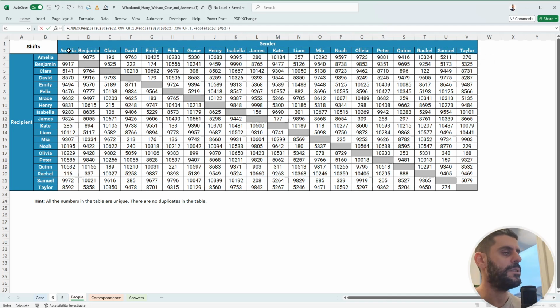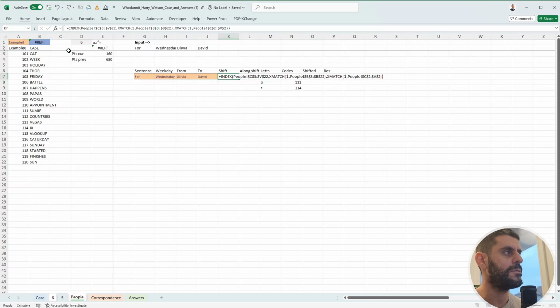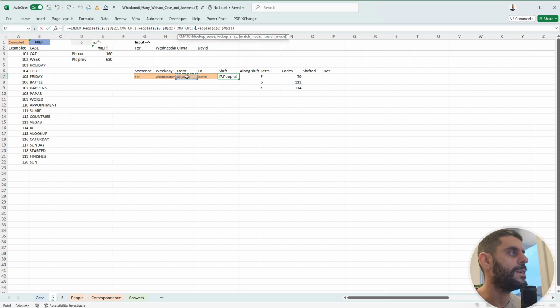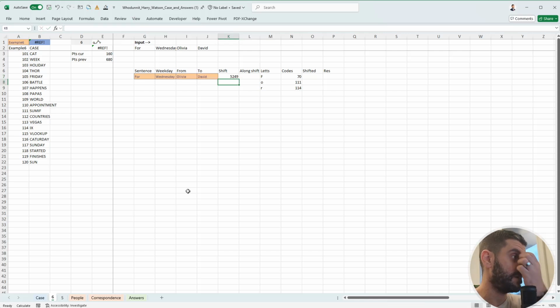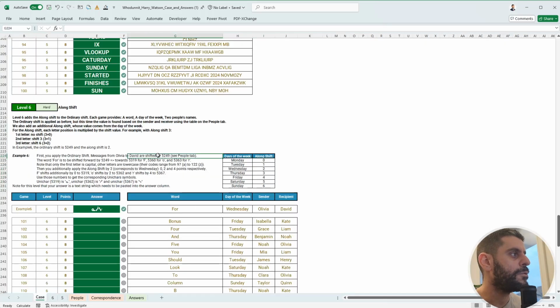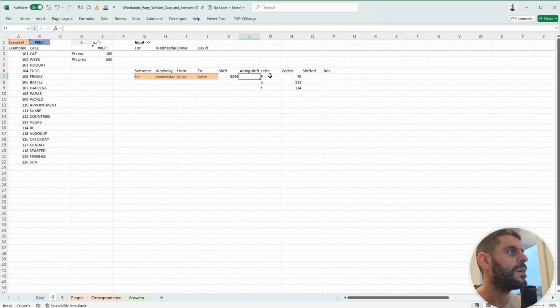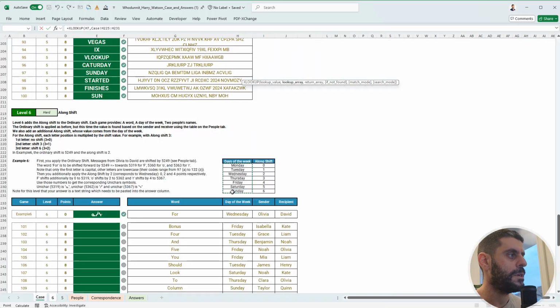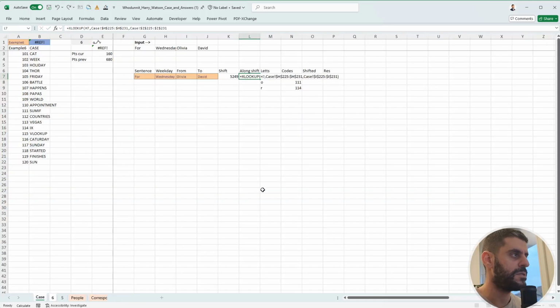What got me is that the sender is on the rows, so this, and the receiver is on the columns. Okay, so 5249 matches. The along shift will be the X lookup of the weekday. Here returning those codes.